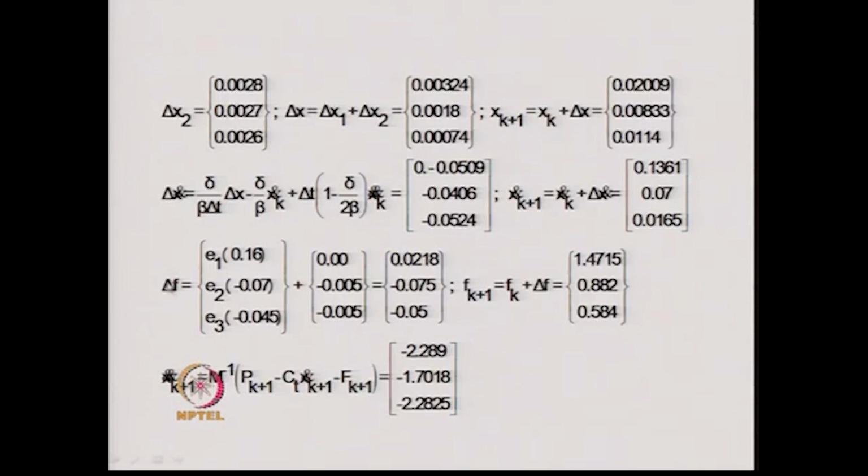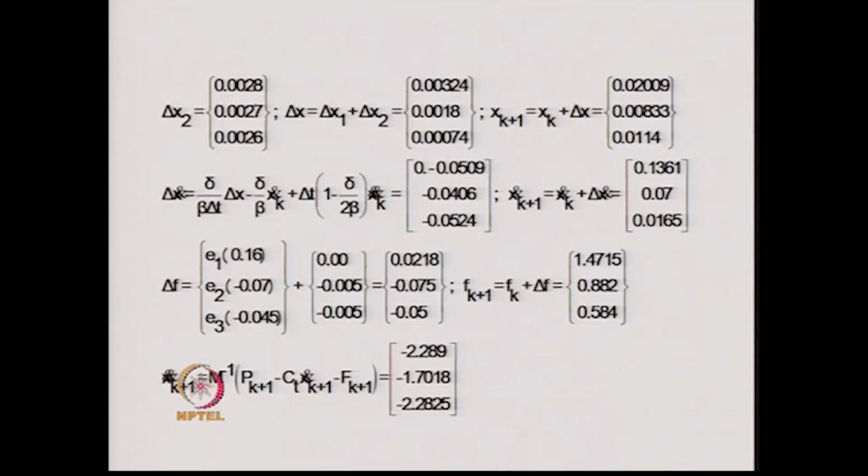Similarly, one can find out delta x dot knowing the value of delta x, and delta x dot is computed this way. Once we obtain the value of delta x dot, we can find out x dot k plus 1, that is the velocity at the current time station.